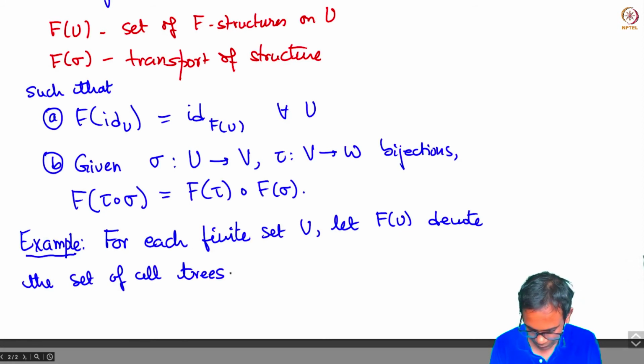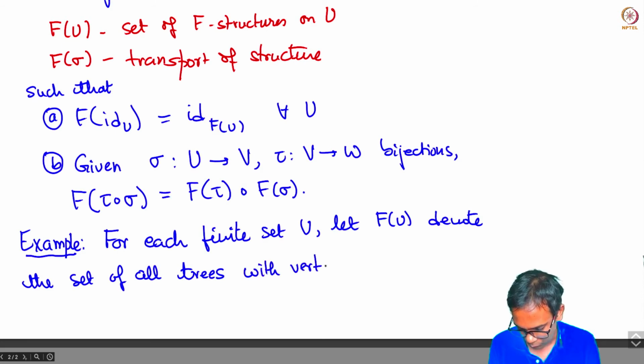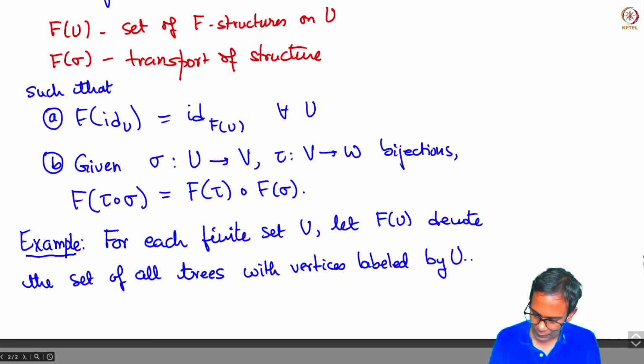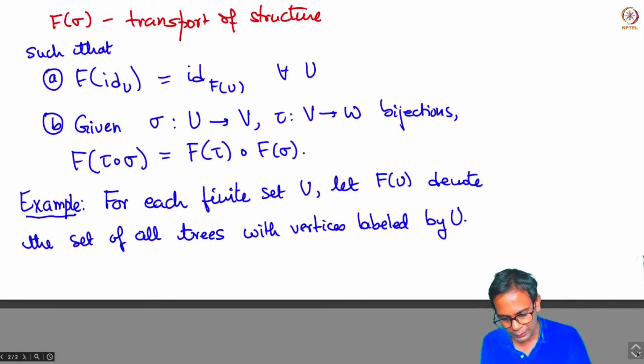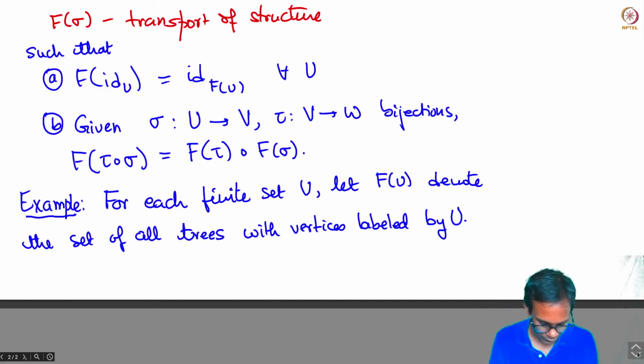So this is from graph theory. A tree is a graph which has no cycles. It's a connected graph with no cycles. So the set of all trees with vertices labeled by U. The structure we are talking about is a tree structure. So F of U is the set of all tree structures on the set U.